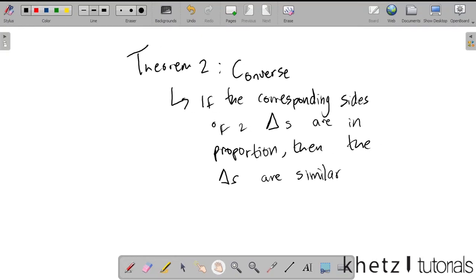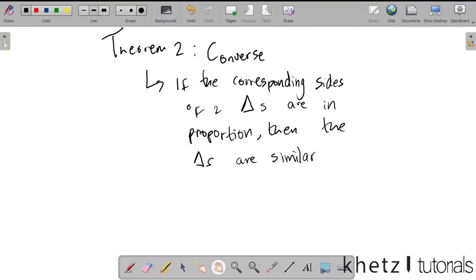Okay, so that is what the converse is saying. It's basically saying if the corresponding sides of two triangles are in proportion, then the triangles are similar.